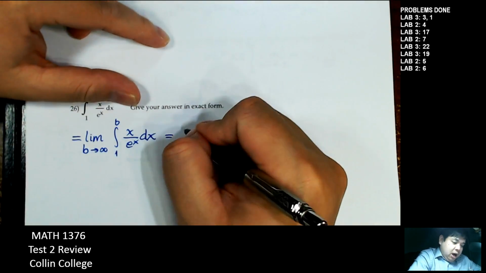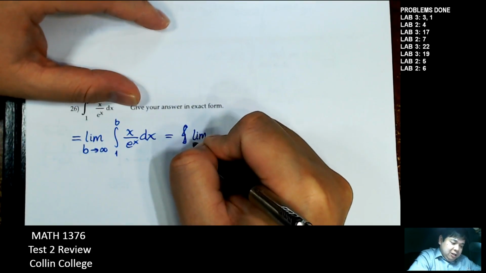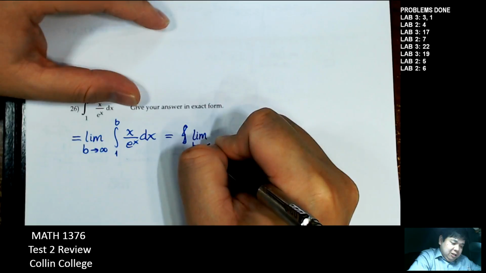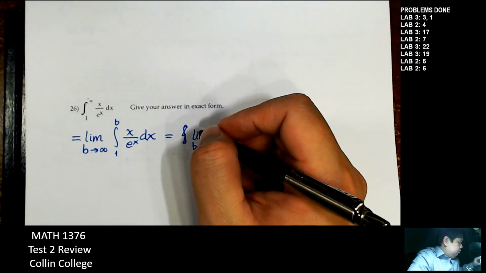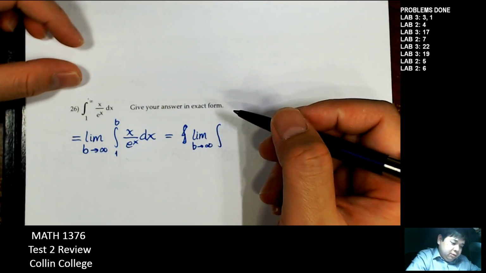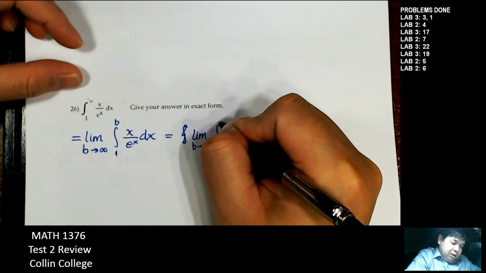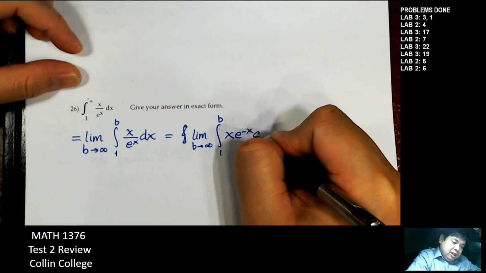If you move the a to the x up, there's still a limit. One to be x e to the negative x dx.